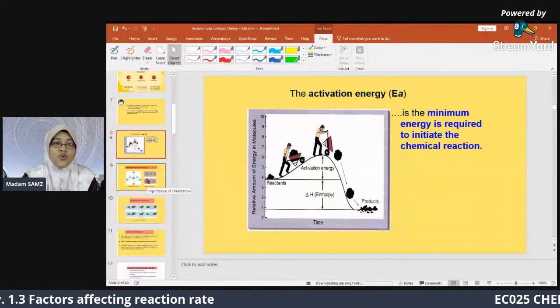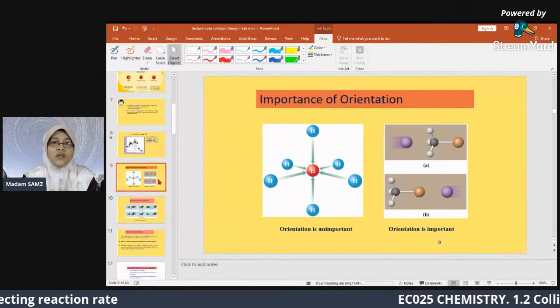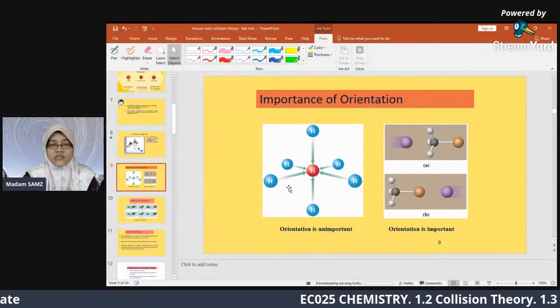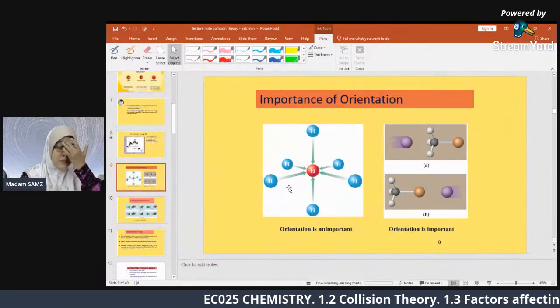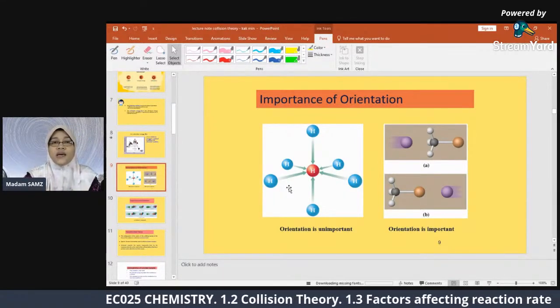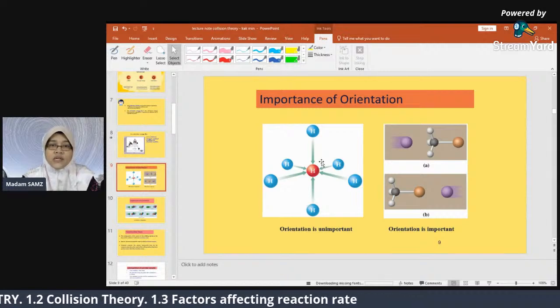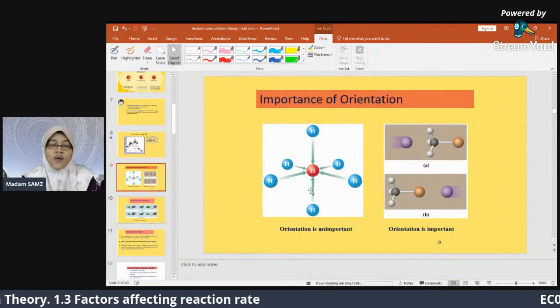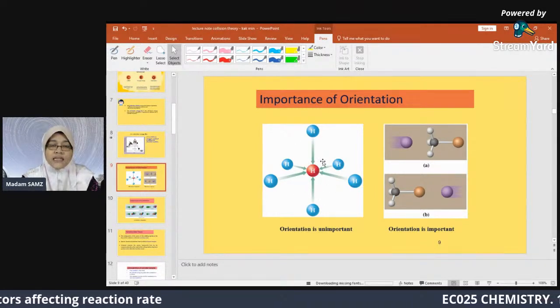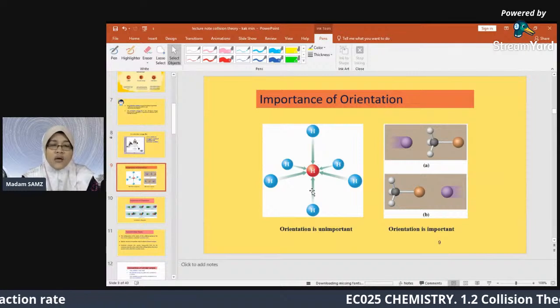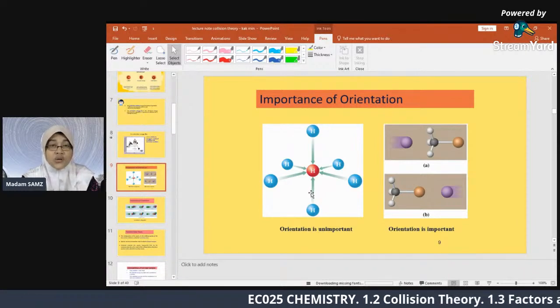So let us move to another example for orientation. Take a look here at the importance of orientation. We have two diagrams, and I'm focusing on the left diagram. In this reaction, orientation is not important.